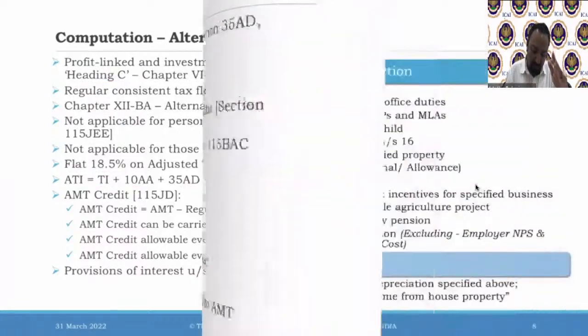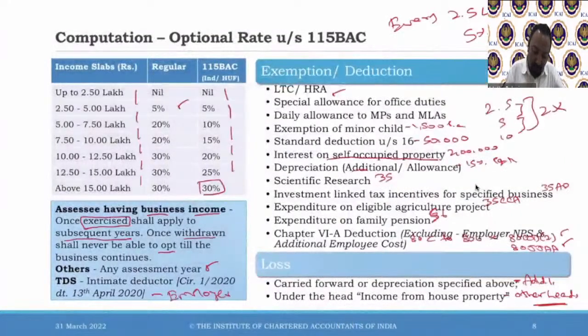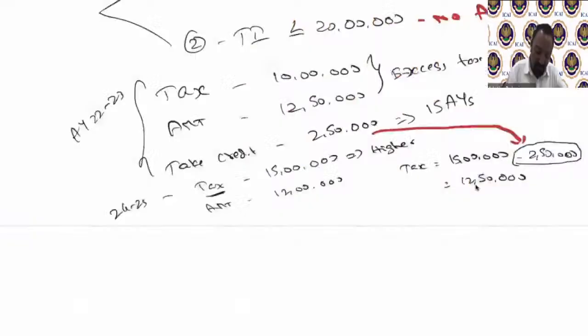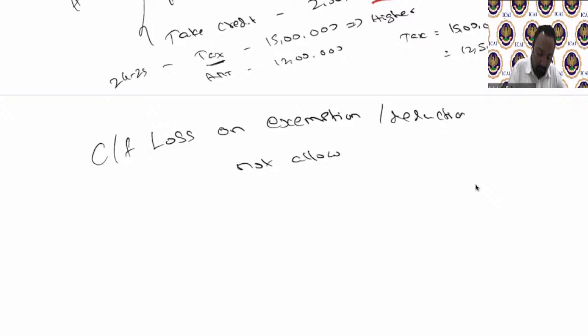In 115BAC, it is not only depreciation, any carry forward loss on exemption or deduction not allowed for 115BAC is withdrawn, which means you cannot anymore claim it.